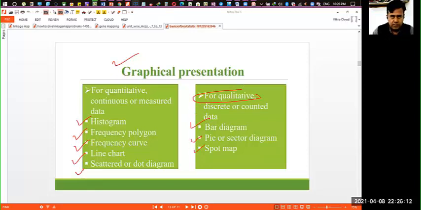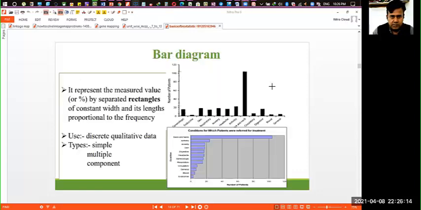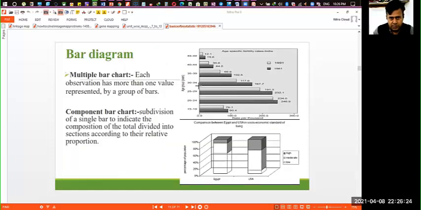So we'll learn a little bit here. This is the bar diagram, right? A bar diagram is definitely like this, and you can represent a bar diagram also like this. In chart form, you can see a bar chart. You can express it like this also.